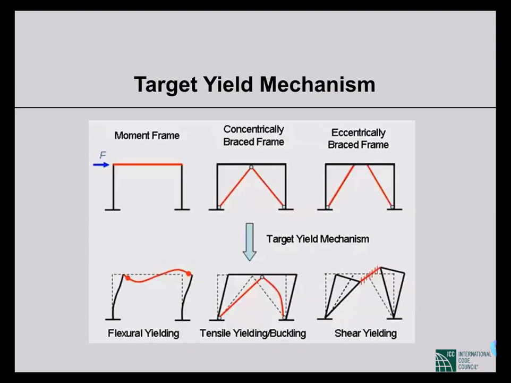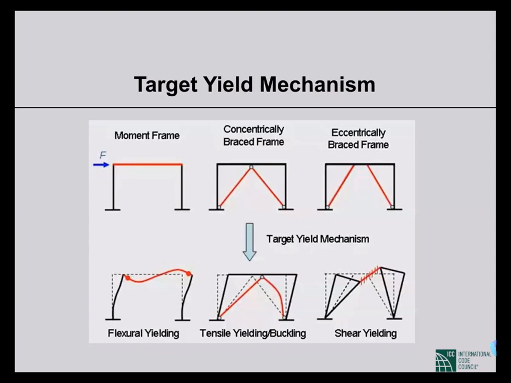So we want the bracings to buckle and yield so that the energy is dissipated through the bracings, while the other members of the structure remain elastic. So this is very important. Usually what we understand is that under extreme seismic loading, we have inelasticity in the structure. That's why we reduce the load by using the response reduction factor R.